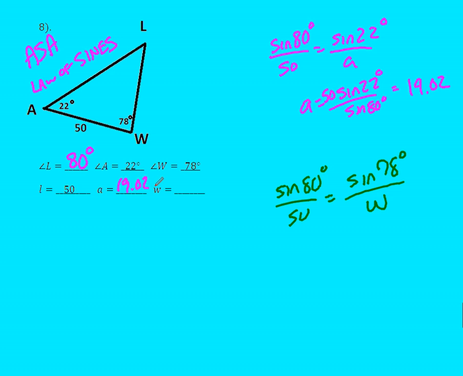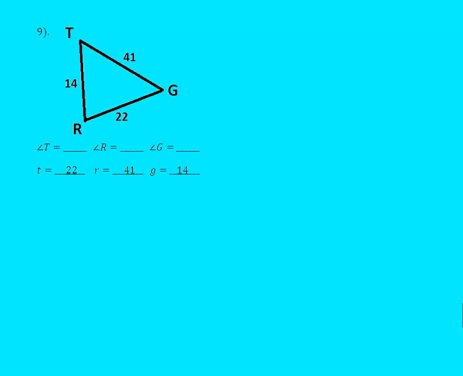And then I will also do the same for side W and get W equals 50 sine of 78 over sine of 80. And W then will be, as a result, 49.66 for that answer. Alright, and one more to go.